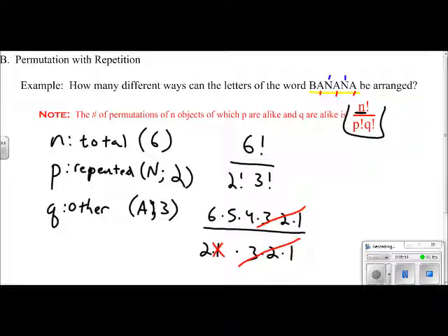The 1 will never affect either the numerator or denominator, because multiplying by 1 doesn't change anything. But we can say 2 goes into 4 twice, so we factored out a 2 from there. Now we're just left with 6 times 5 times 2, which in the end is just going to be 60. So there are 60 possible ways to rearrange the letters in the word banana that will each be unique.